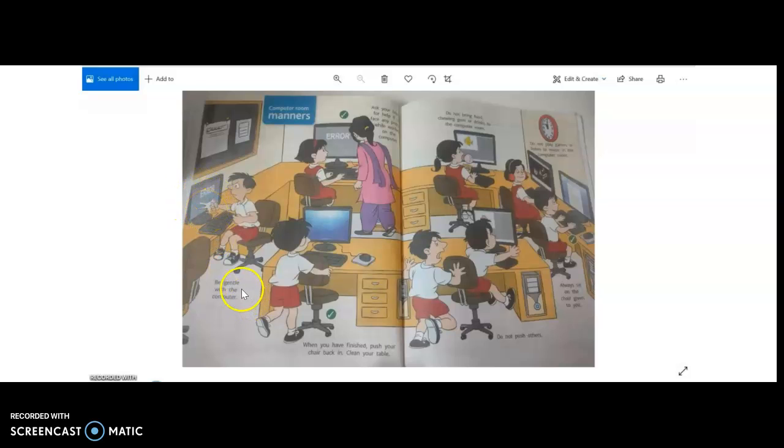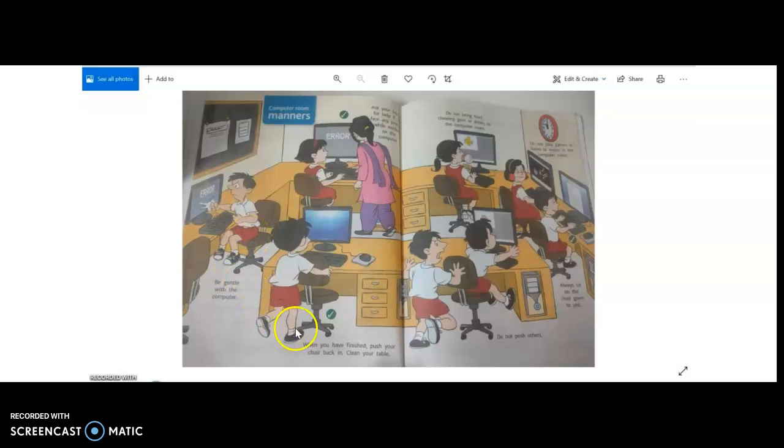Never be rude with your friends. Also, never be rude with the computer. You should be gentle with the computer.